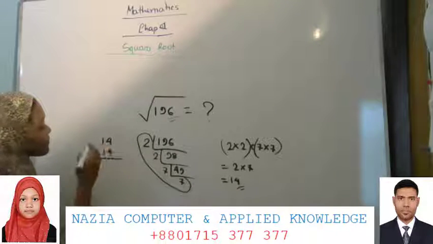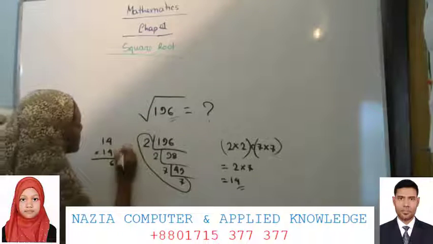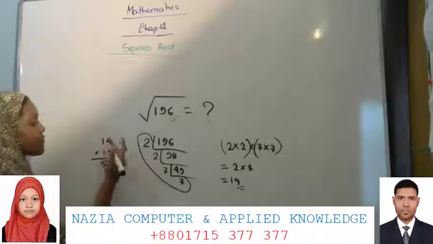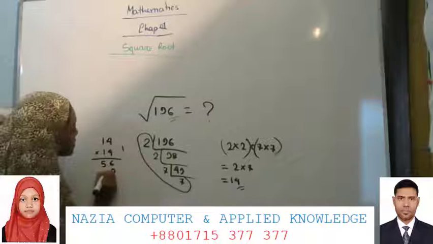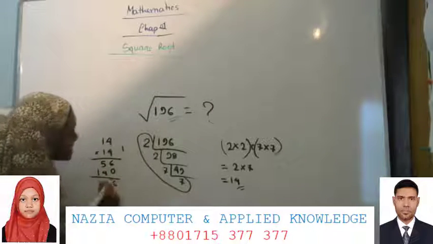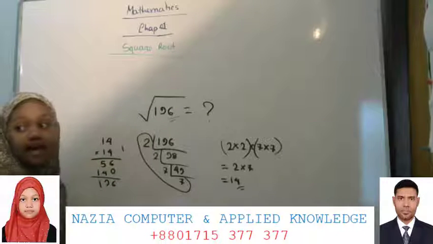4 4s are 16, write 6, carry 1, then 4 1s are 4, 4 plus 1 equals 5, then 0, then 4 1s are 4 and 1 1s are 1. What is the result? 6, 5 and 4, 9, 1. 196.